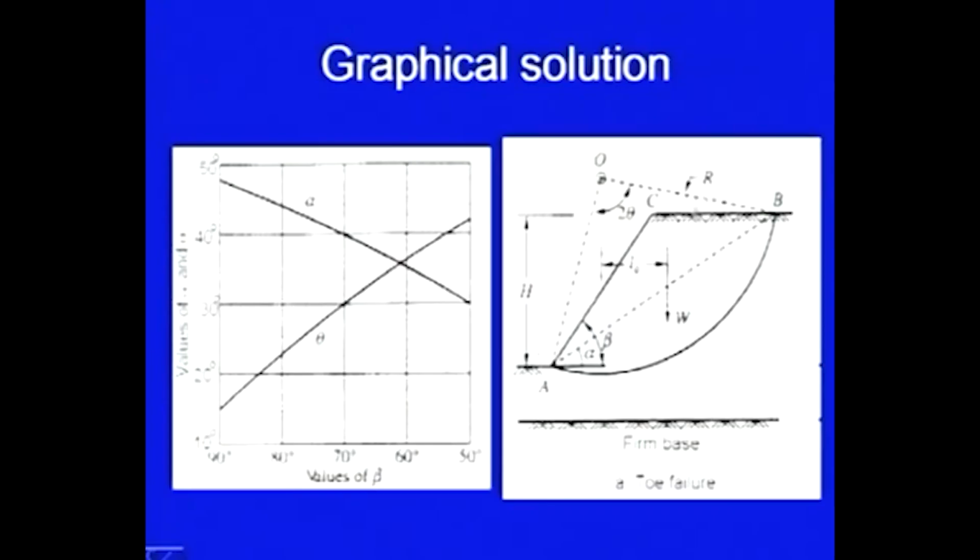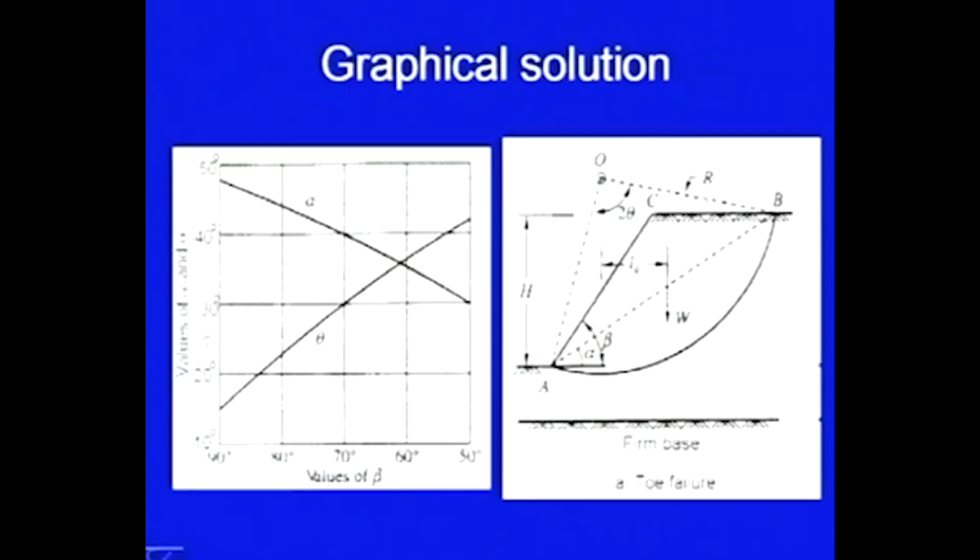If I take this slope here, this angle is beta and this AB line is making angle alpha, and here this is an isosceles triangle A, B, O, which is subtending angle 2 theta at the center. For given beta values, here you can see 50, 60, 70, 80 and 90, these theta and alpha can be found out from this graphical solution.